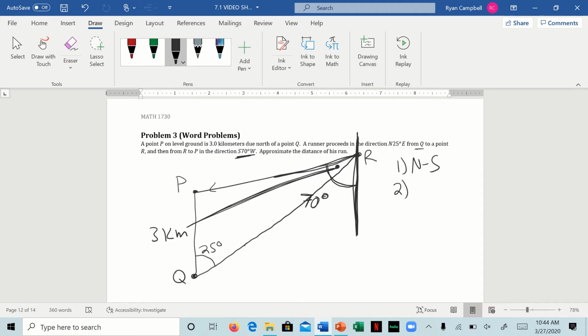But what are some things that we do know? Well, we can use alternating interior angles to find some angle. So what angle do we know with alternating interior angles? So remember, we need parallel lines. Here's our parallel line. And we need an angle connected to the parallel line. So we do have this one, right? This whole thing is 70.